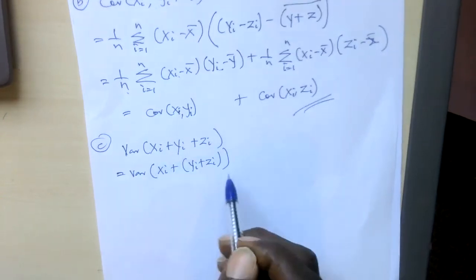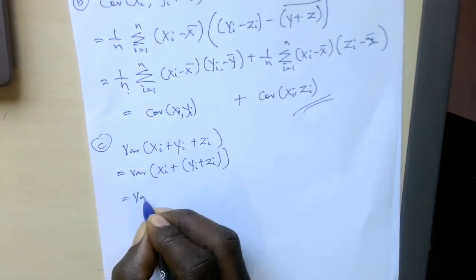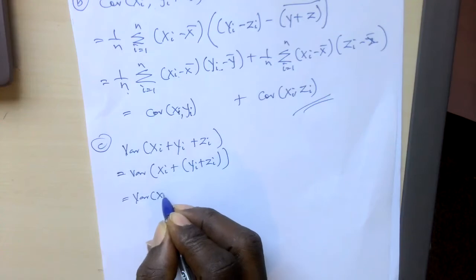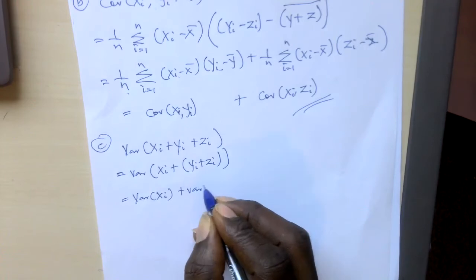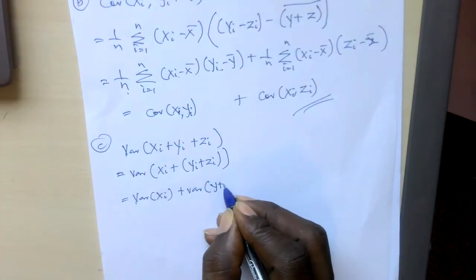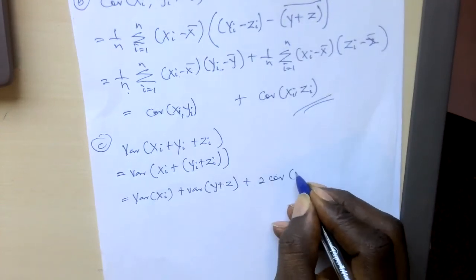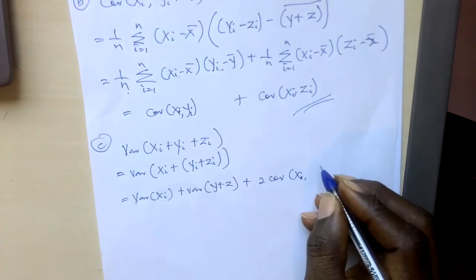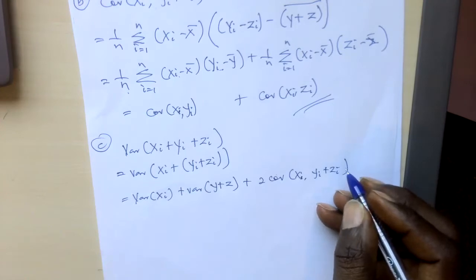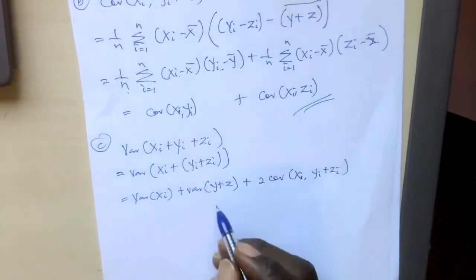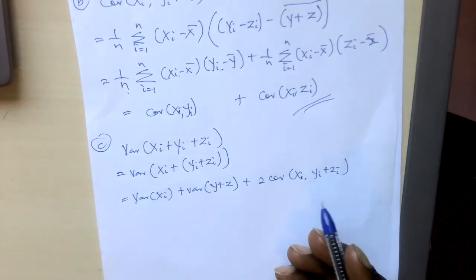If you write the form, what this means is the variance of xi plus the variance of yi plus zi plus 2 covariance of xi comma yi plus zi, right? Now this is exactly what you've expressed in terms of what it means.